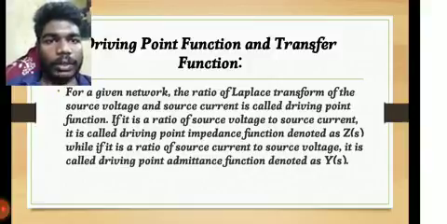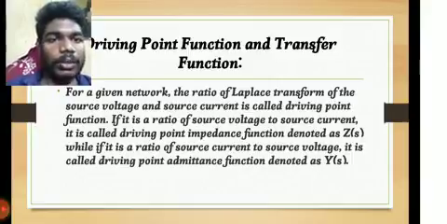For a given network, the ratio of the Laplace transformation of the source voltage and source current is called the driving point function. It is the ratio of the source voltage to the source current.